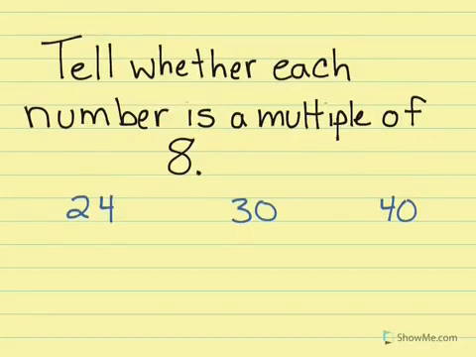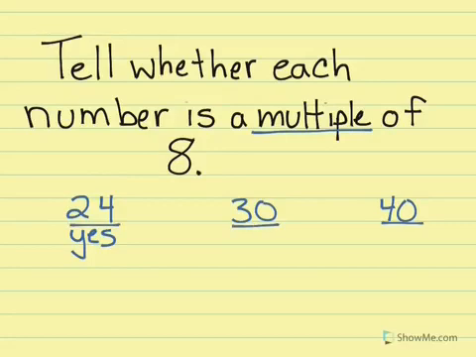Okay, now I'm going to tell whether each number is a multiple of 8. A multiple is a number you say when you count by another number. So let's look at 24. I'm going to count by 8s and see if I say 24. 8, 16, 24. So yes, 24 is a multiple of 8.